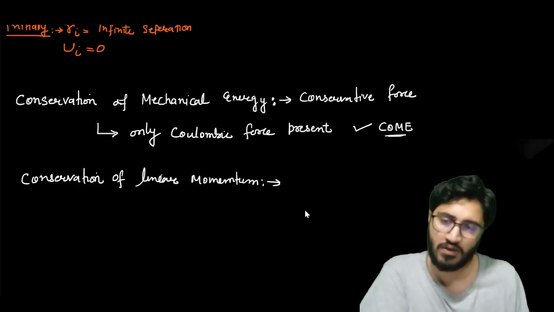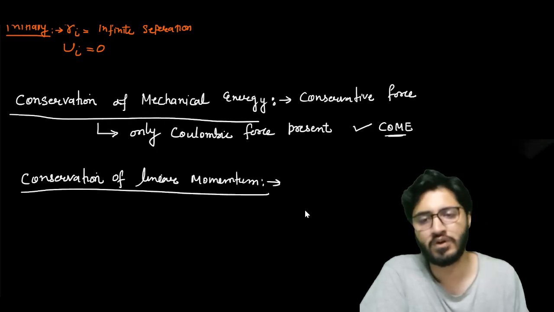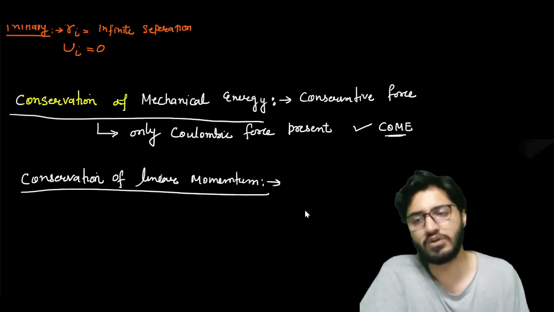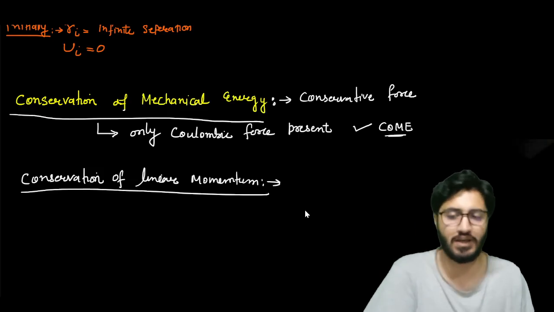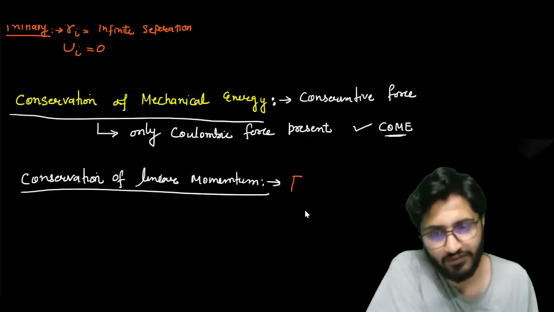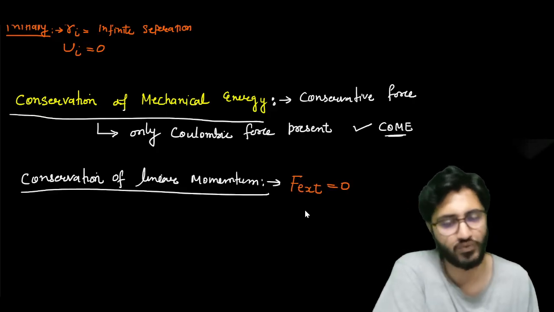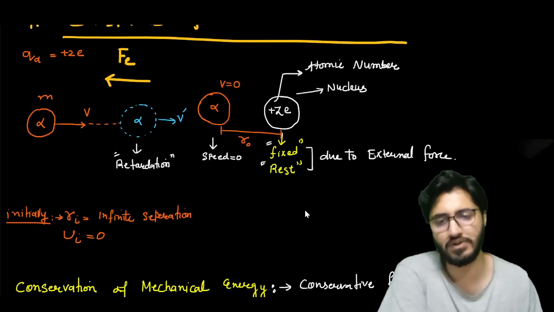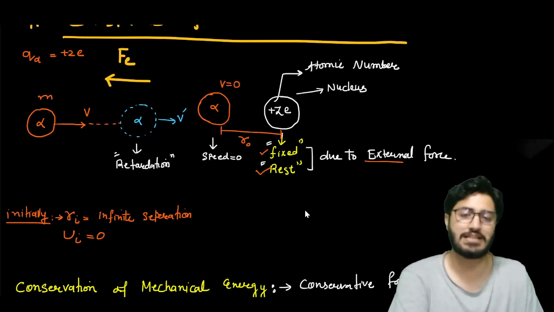Okay. So, conservation of linear momentum. First of all, we can use conservation of linear momentum when the net external force is zero. But here in this example, the nucleus is fixed, so we have some external force.